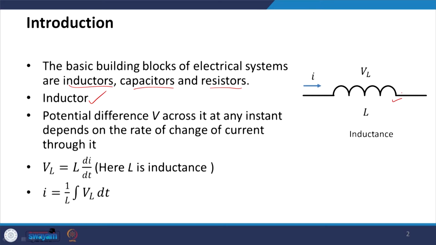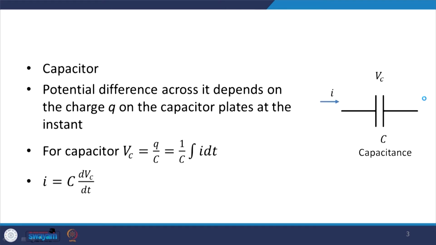The potential difference VL across it at any instant depends on the rate of change of current through it. So VL is L di by dt, where L is the inductance, or I can write it in terms of current as I equals 1 by L integral VL dt. This is how it is symbolically represented.